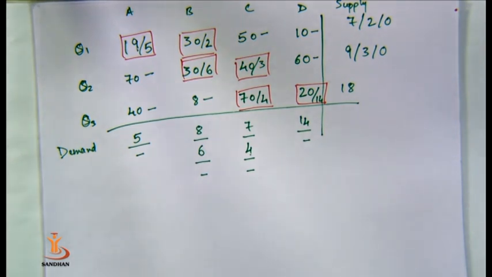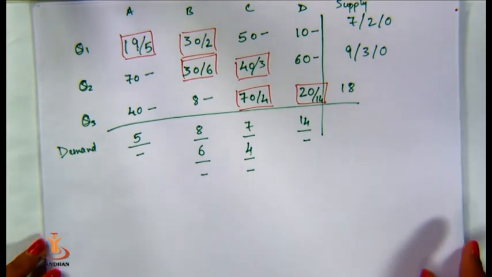Let us try to understand with the help of this figure. As shown in the figure here, we have solved this example. This is how we carry out the calculation.